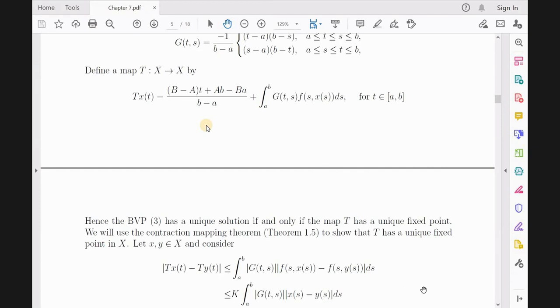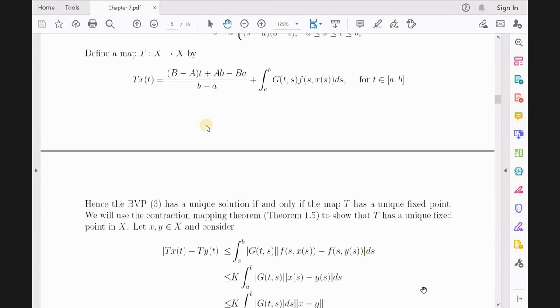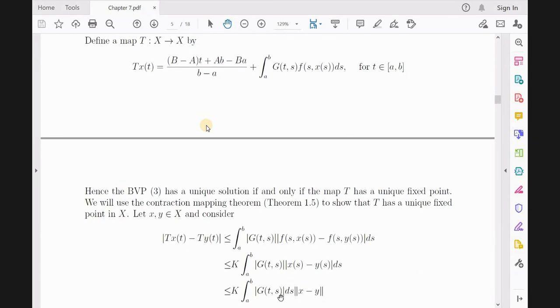So this is k times the integral from a to b of g(t,s) ds, and the absolute value of x(s) minus y(s) is less than or equal to the norm of x minus y.